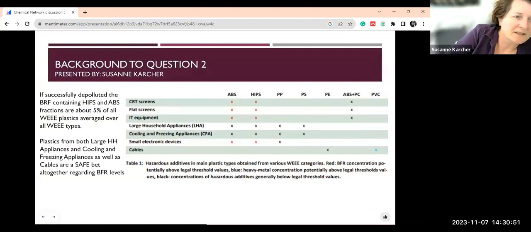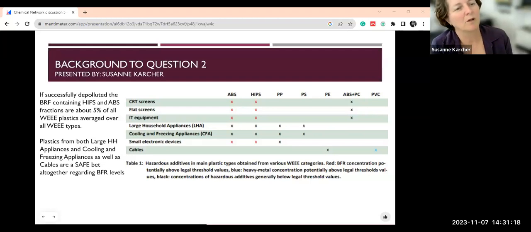So we learned that if we successfully manage to depollute in this very simple format, a low-tech, high labor-intense operation, which is what India is favoring and what we should favor, we can take the HIPS and ABS out, and we can distinguish where the BFRs sit and where not. We know that about 5% of all the plastics averaged over all WEEE types contain those.